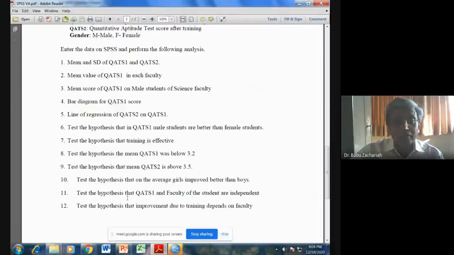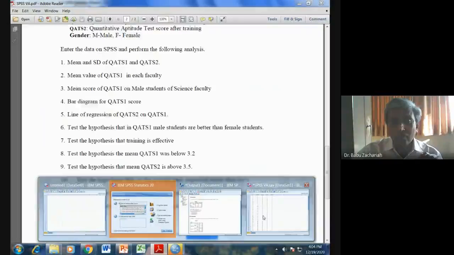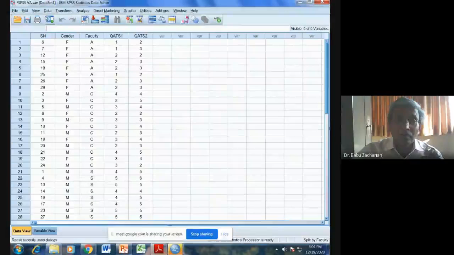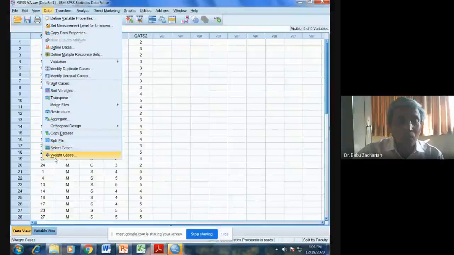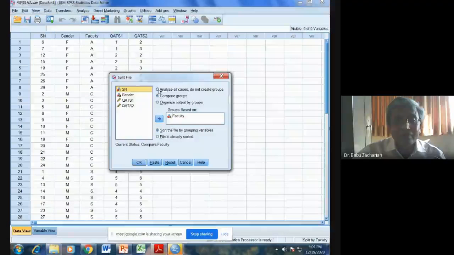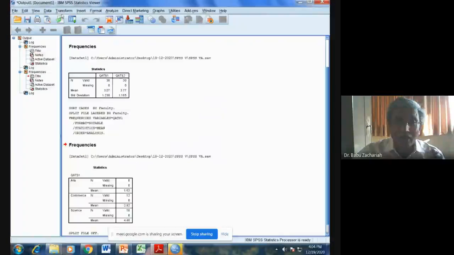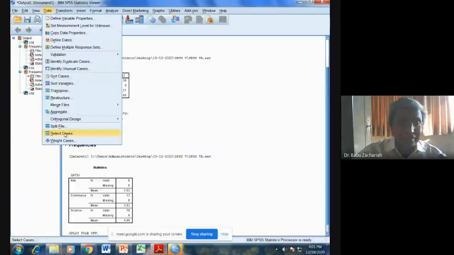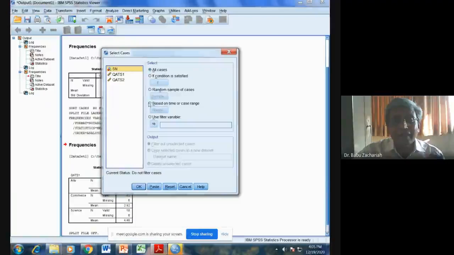Now the next question, the mean score of QATS1 of male students of science faculty. Male students of science faculty, their mean score. So what we need to do, first of all, we need to remove the split file. Analyze all cases, do not create groups here. And now go to Data, Select Cases, If condition is satisfied, If.